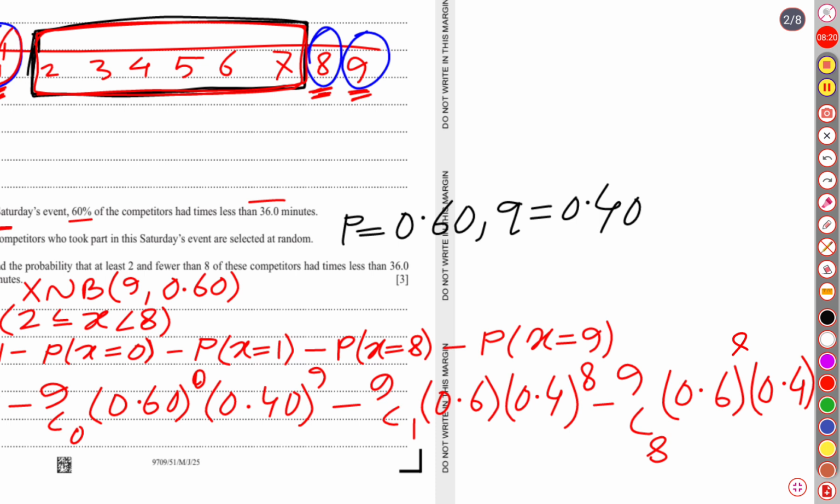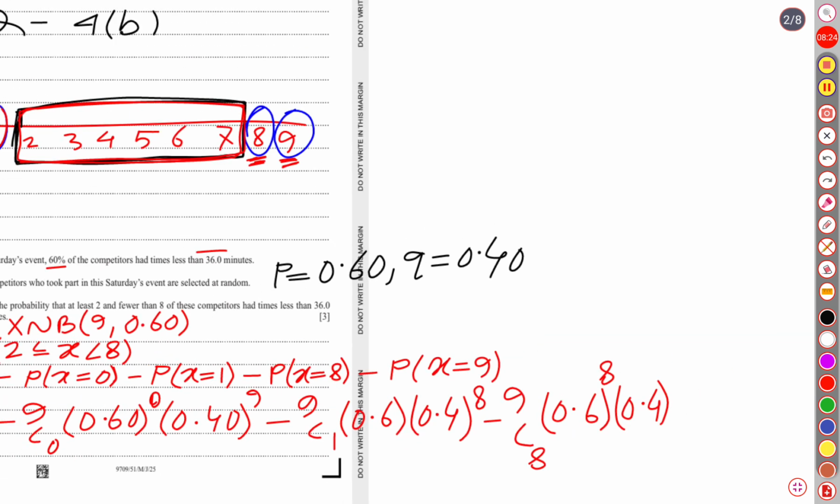So it will be 8, and the other one is 1. Then the final case: 9 out of 9 people have taken less than 36 minutes, so the probability is 0.6 raised to 9.